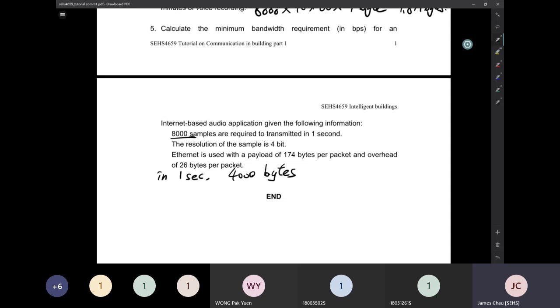And now for each packet, the payload means the data. The data size is 174. Together with the overhead, you have the size of the packet.